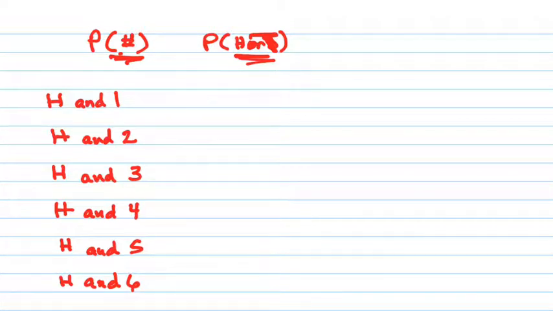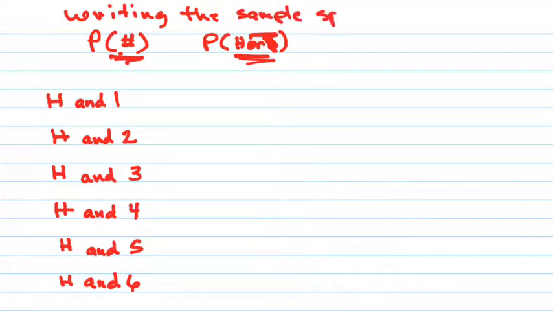This is just writing the sample space for this particular experiment, and sample space means every possible outcome.